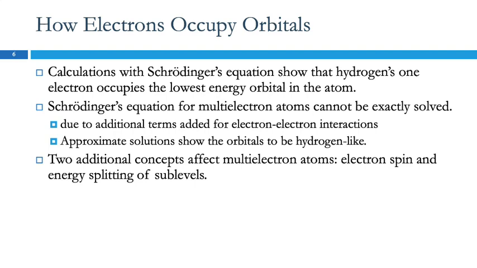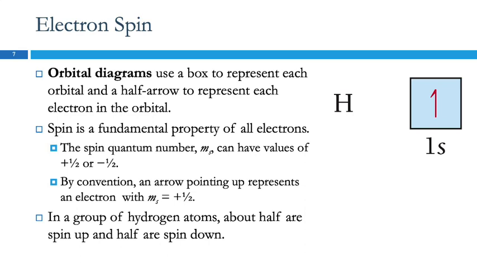The reason we can't solve this anymore is because now we have electron-electron interactions on top of all the other things, and that makes it really, really complicated. Two of the things that affect multi-electron atoms are electron spin and energy splitting of sublevels. We'll talk about those in a minute.